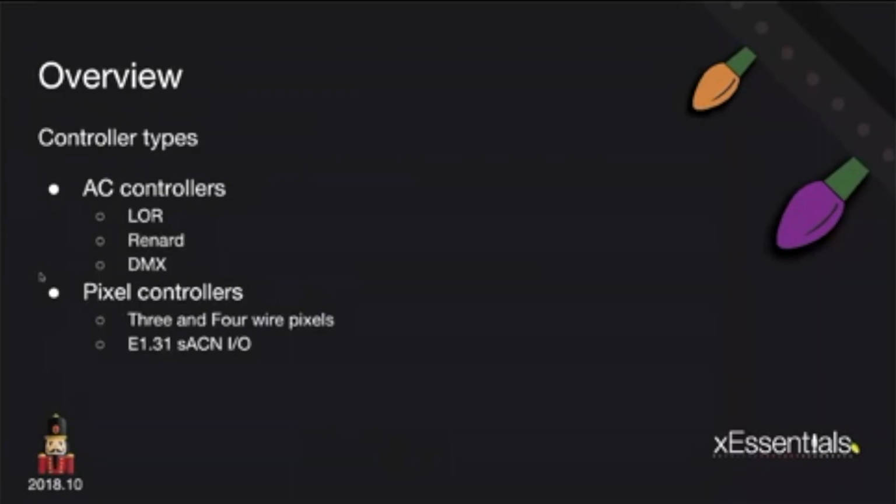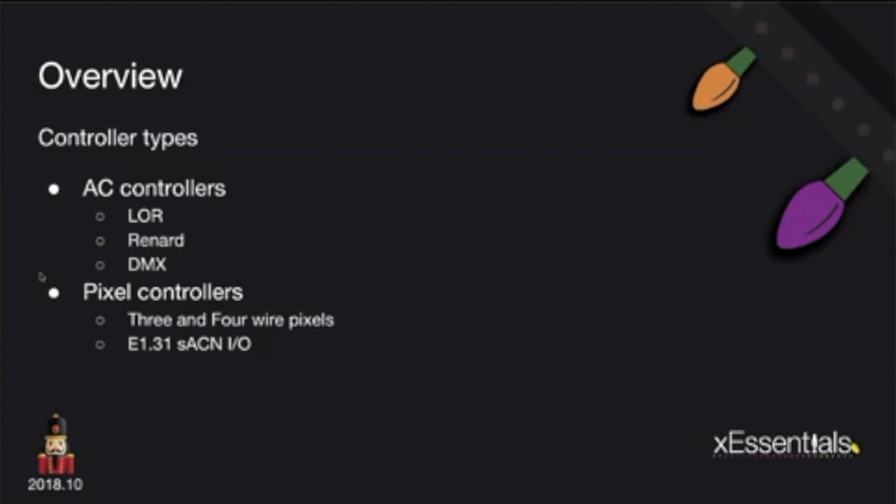All right, to start things off. I'm going to talk primarily about pixel controllers today. I know we talked before the session got started about AC controllers, and people generally get a sense of what those are and what they do.